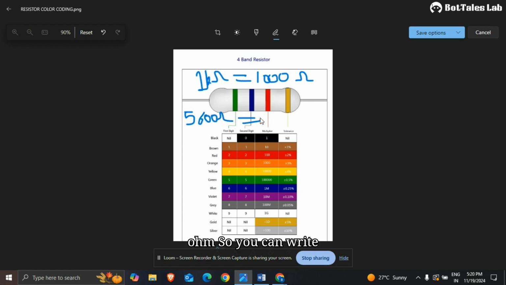You can write this 5600 as 5.6 kilo ohm. Basically, what you did is divide 5600 by 1000. So after dividing it by 1000, you can write it as 5.6 kilo ohm.